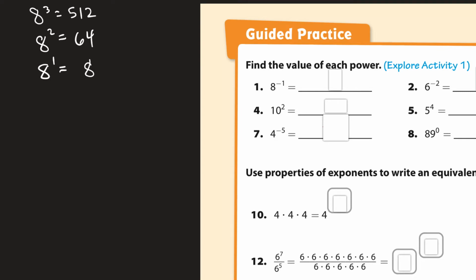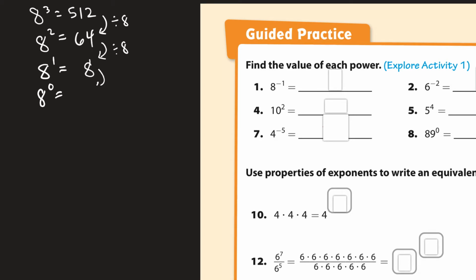Now, we can go down as we have 3, 2, 1. We can go to 8 to the 0 power. Let's take a look at this. If we have the pattern, 512 divided by 8, every time you divide by 8, is 64. And 64 divided by 8 is 8.